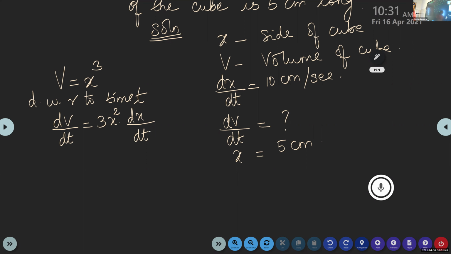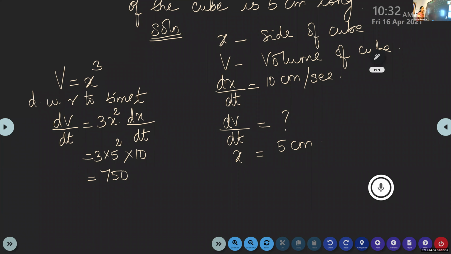Is it okay? Now substitute the values. So 3 into, what is the value of x? x is 5 square. dx by dt is 10. So what is the answer? What will be the answer? 750.